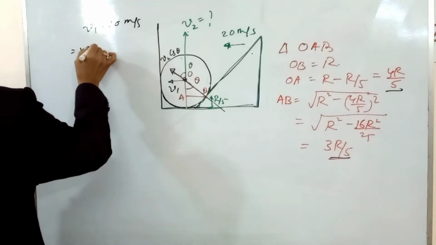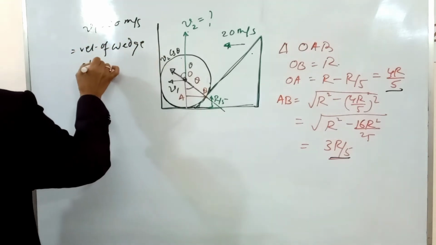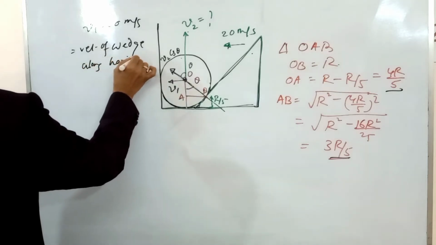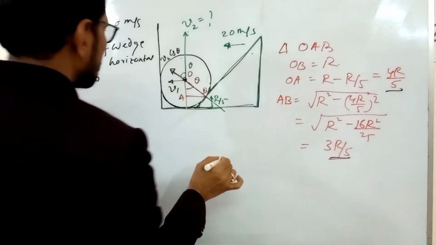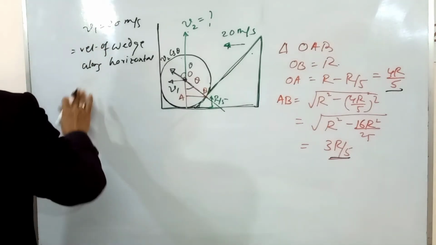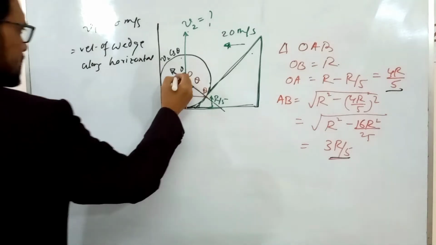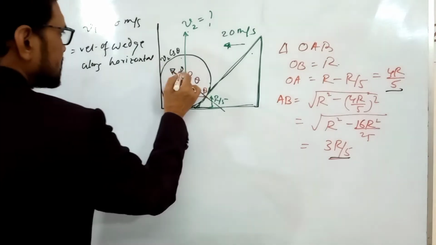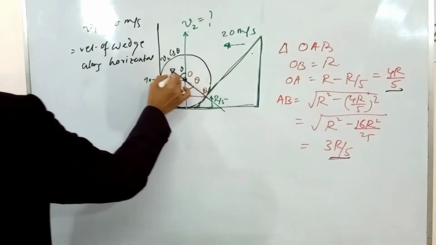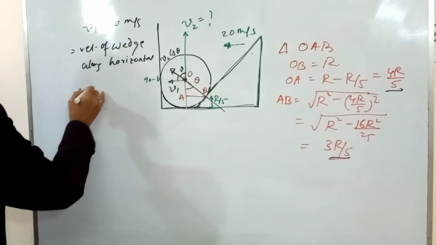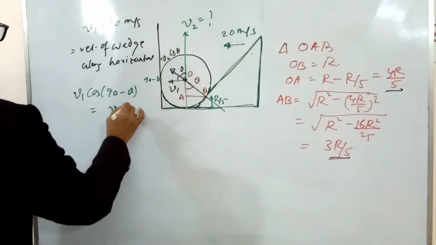That is the velocity of wedge along horizontal towards the left side. So the component of velocity along this direction is V1. This is theta. This is 90 minus theta. So velocity of V1 along this direction is V1 cos (90 minus theta), which is V1 sin theta.